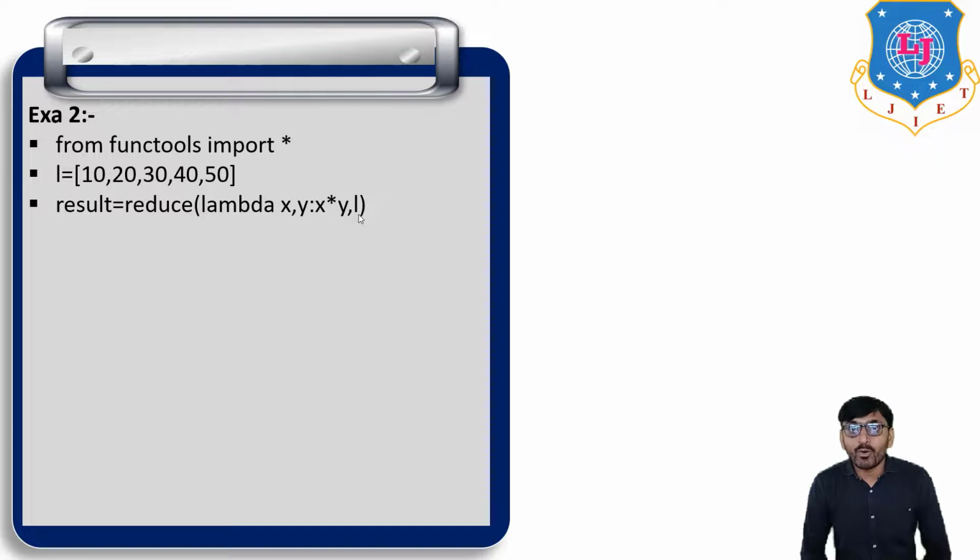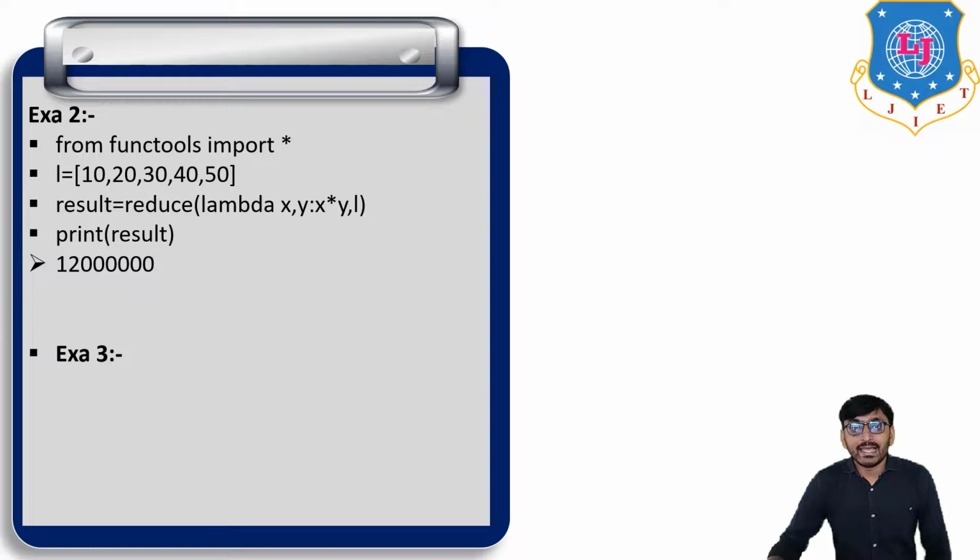So multiply all elements of the list, then the output is result. So if we print result, then the output is 12000000.